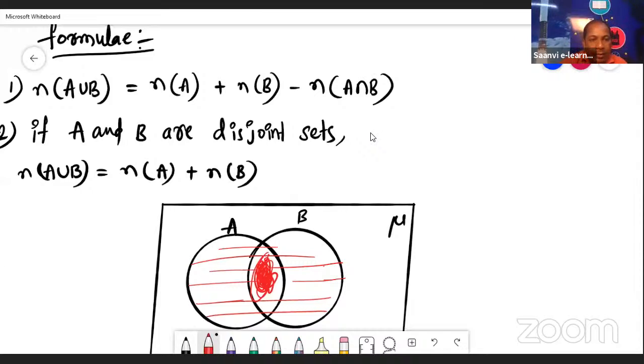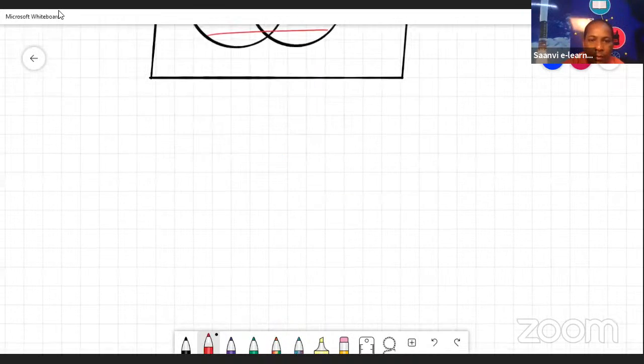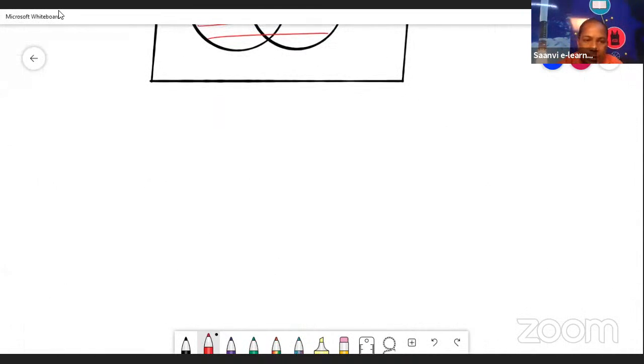And the second formula: if A and B are disjoint sets, what is the formula for n of A union B? n of A plus n of B. Why? Because we are saying that A and B are disjoint sets. Disjoint sets means they never join.